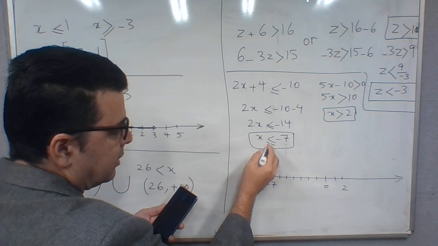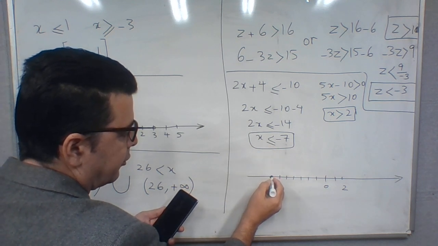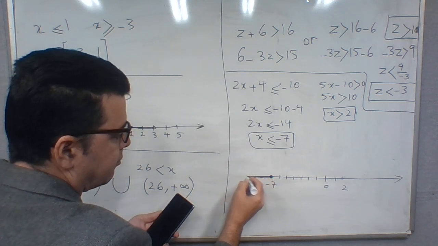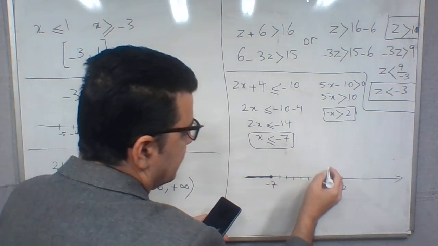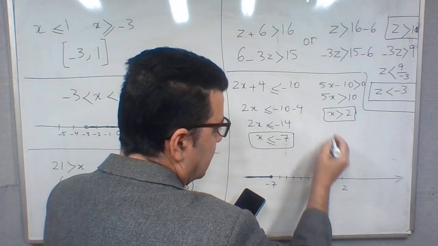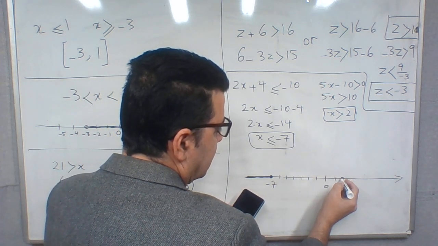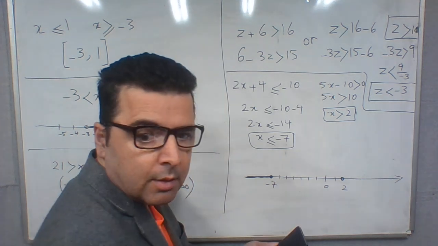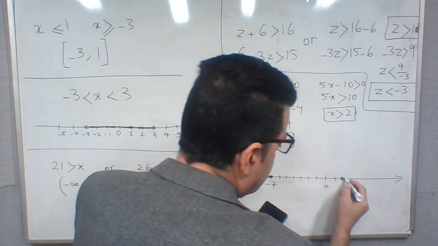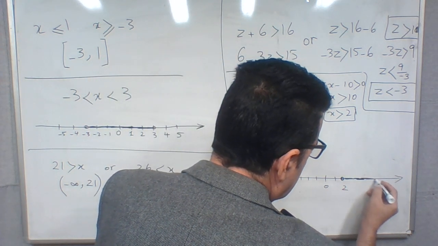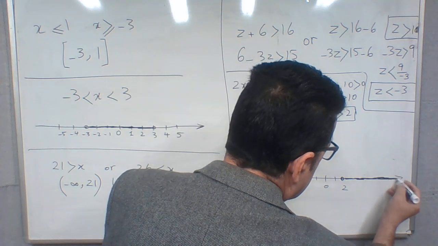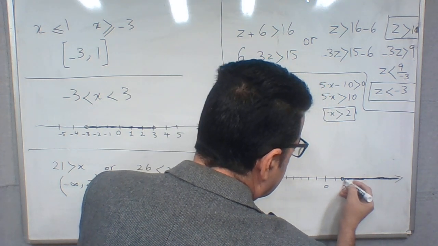Since this is equal, we need a full point. And x greater than 2, but it is not equality. So it is a hole, and everything greater than that is included in the answer.